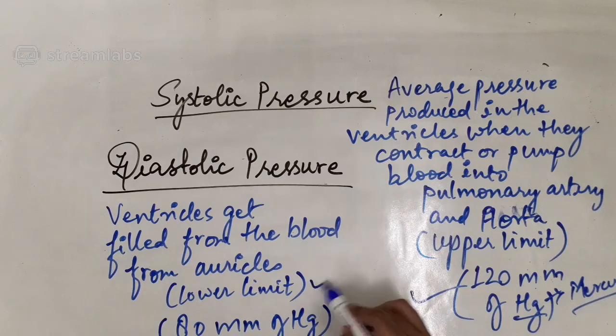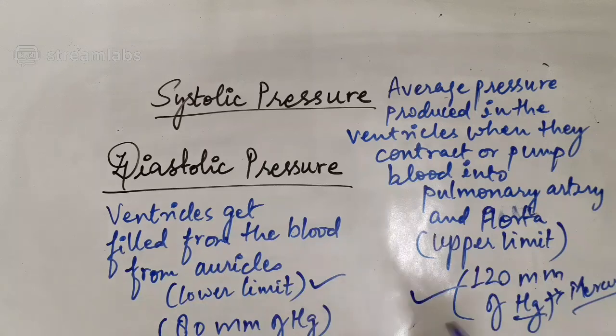This upper limit and this lower limit, systolic pressure upon diastolic pressure, is called the normal or average value of the blood pressure in a normal adult. That is 120 upon 80 mm of Hg, and this is measured by the instrument known as sphygmomanometer.